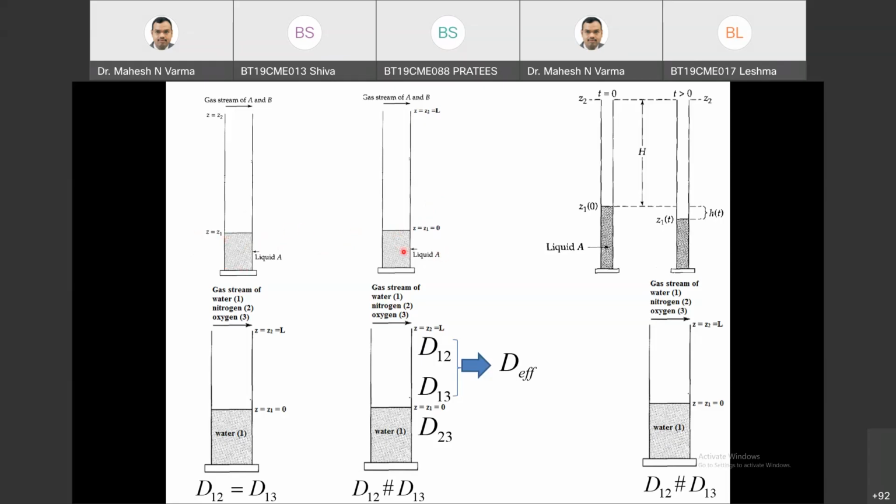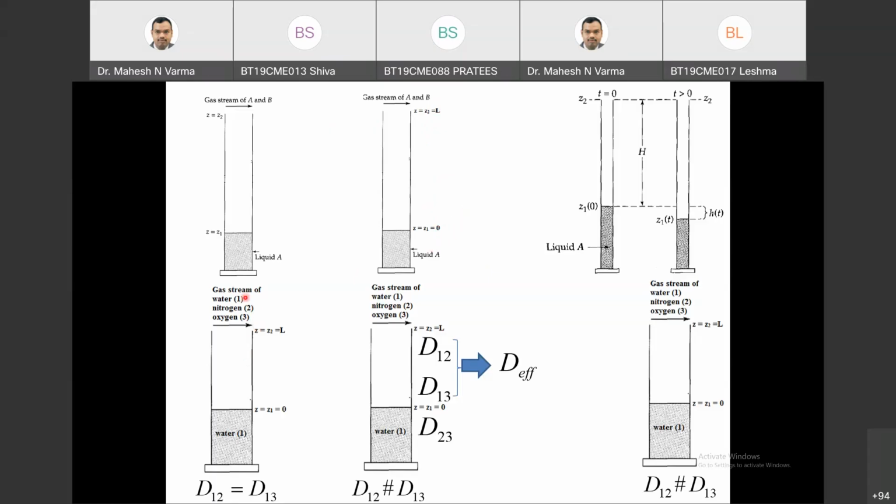So exactly the same equation we will take here, with Z1 equals 0 and Z2 equals L. Exactly the same equation we will get, only instead of Z1 you will get 0, and wherever you have Z2 minus Z1, you will get L. So this was the second case.